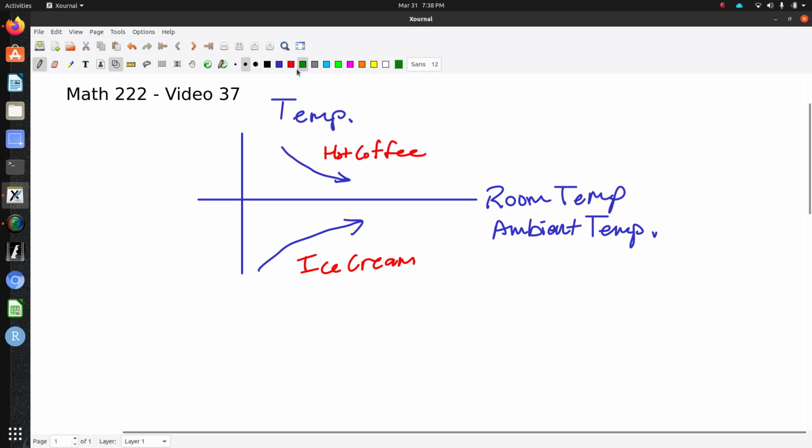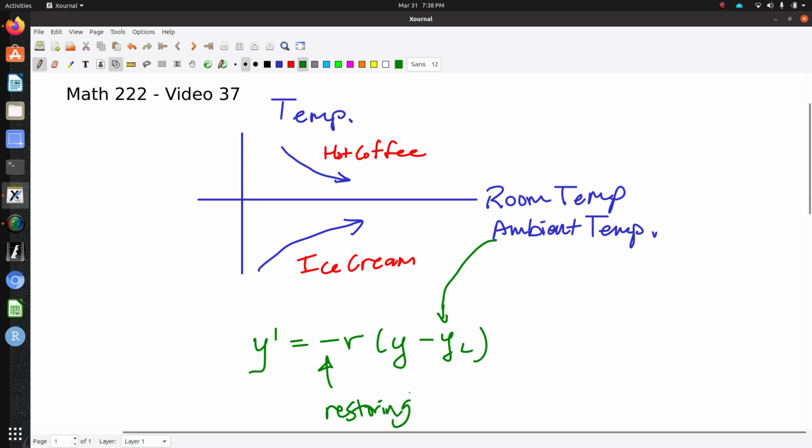So what's important is you're going to say that the change in y is proportional to the difference between its current value and its limiting room temperature ambient value. The reason I put a negative is that the negative is a restoring factor.